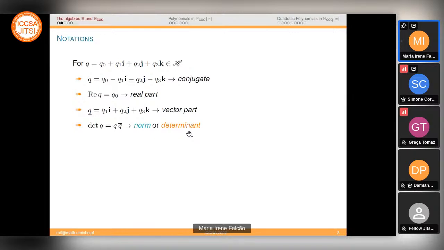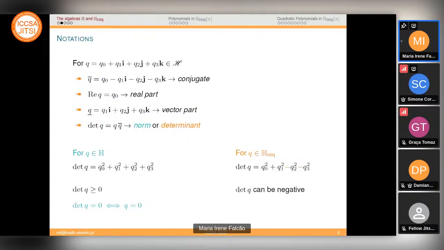What is important is that this is obtained by multiplying q by its conjugate. What is very important is that in the case of quaternions, just as in the case of complex numbers, the norm is always a non-negative real number, and it equals 0 if and only if q is equal to 0.